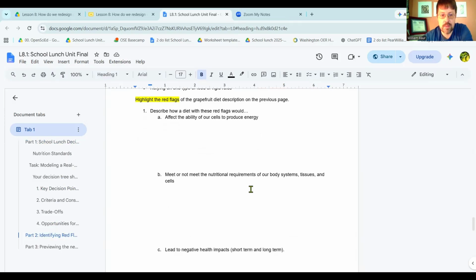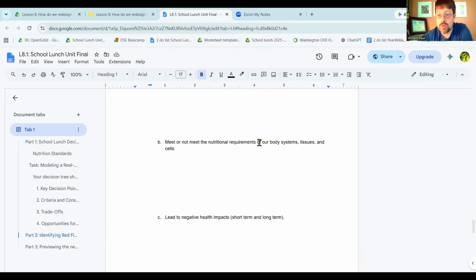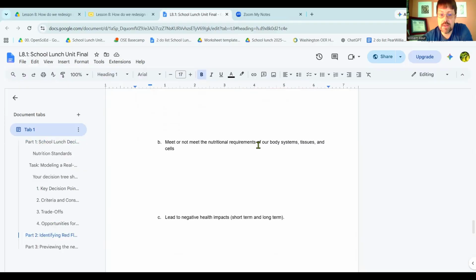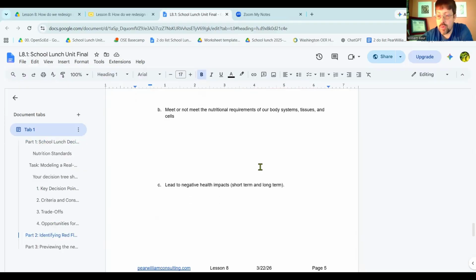The next prompt has them, now that they've identified the red flags, think about how this affects our cells' ability to produce energy. So getting them to think back to what we've learned about cellular respiration and proteins, fats, and carbohydrates, and the amount of calories that they give us, and how quickly that energy gets metabolized.